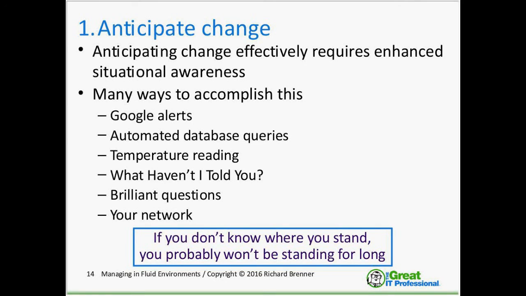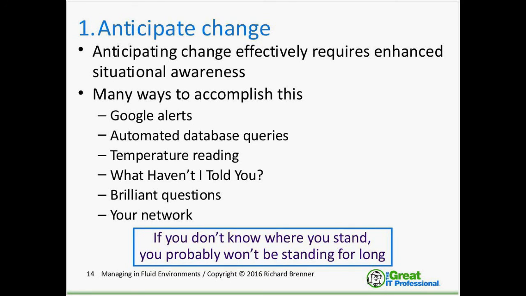We need to know what to look for that indicates that some kind of change has arrived. And usually there are announcements or rumors or other indicators. But not all indicators actually signal a real change that we must deal with.